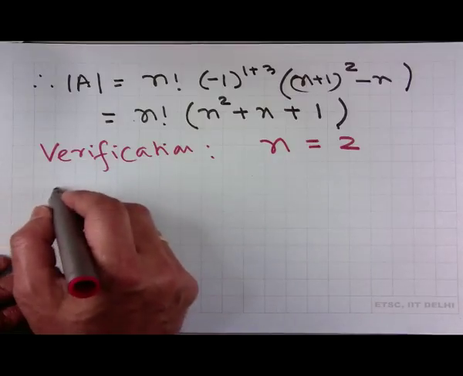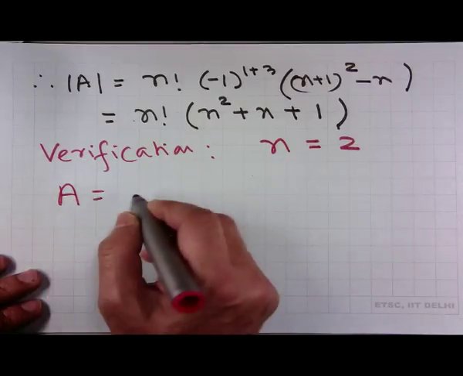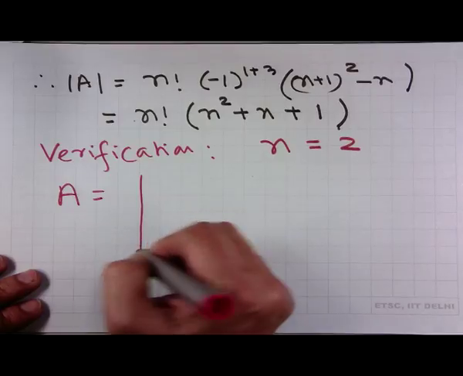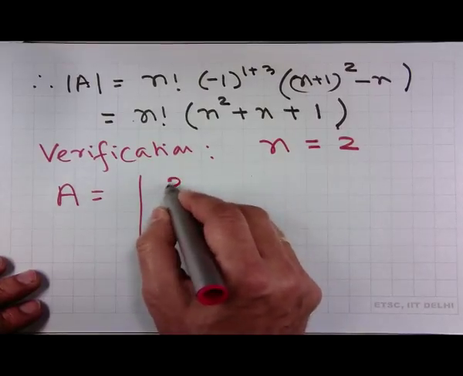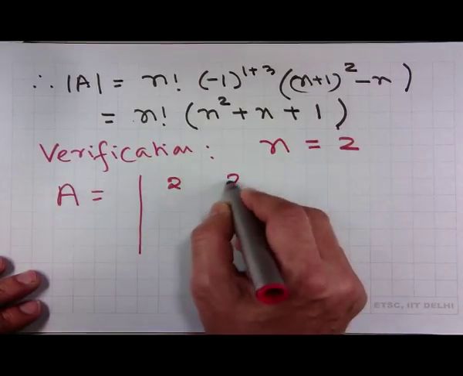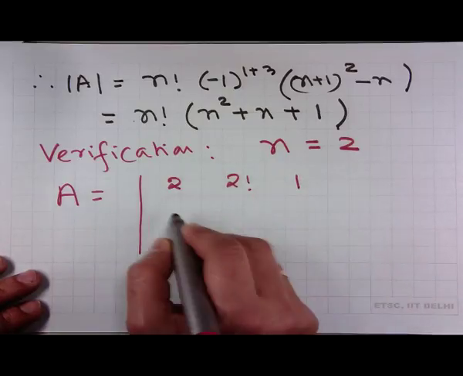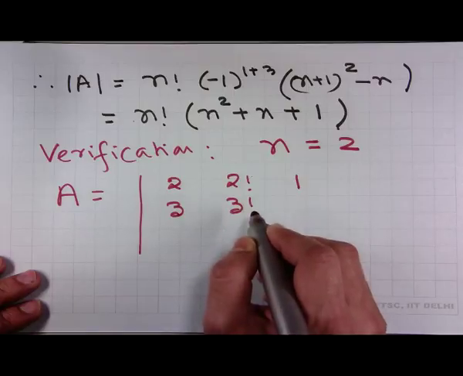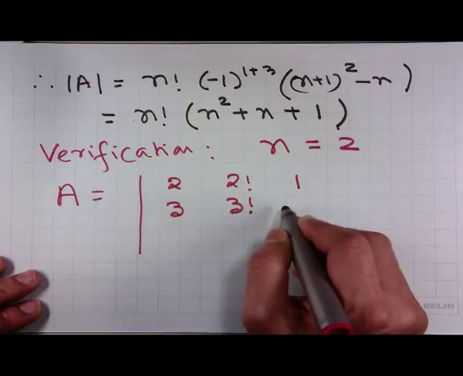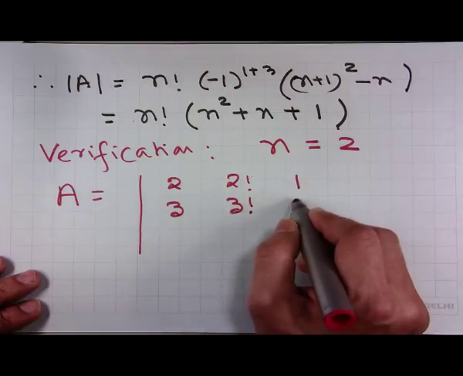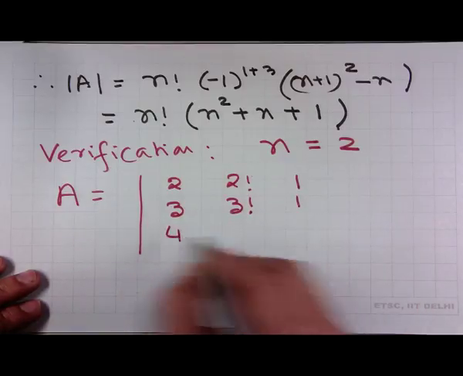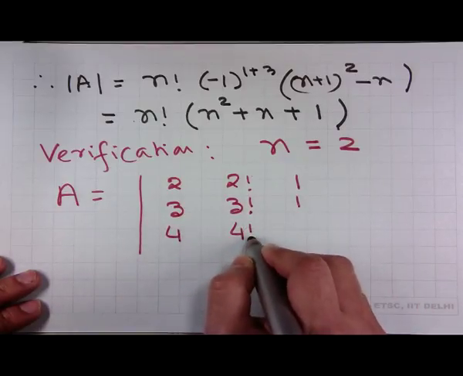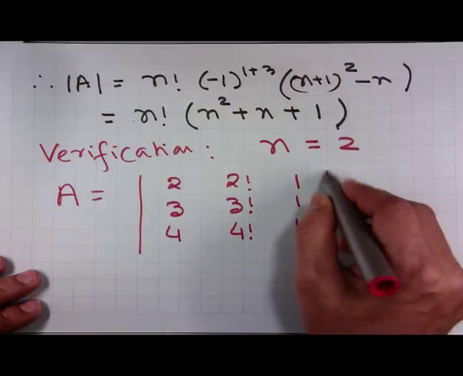Therefore, we know that A is equal to the matrix with rows 2, 2 factorial, 1; 3, 3 factorial, 1; and 4, 4 factorial, 1.